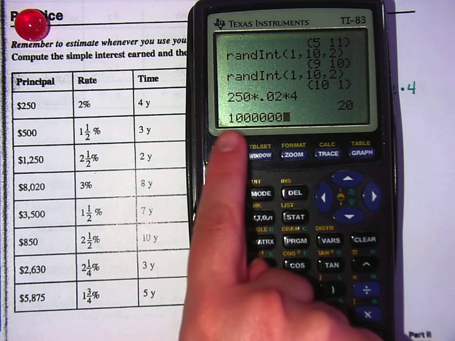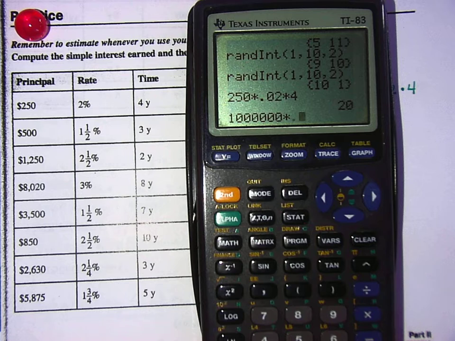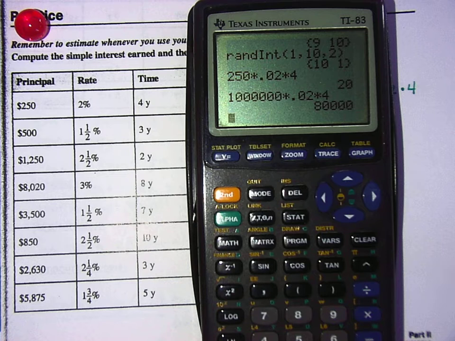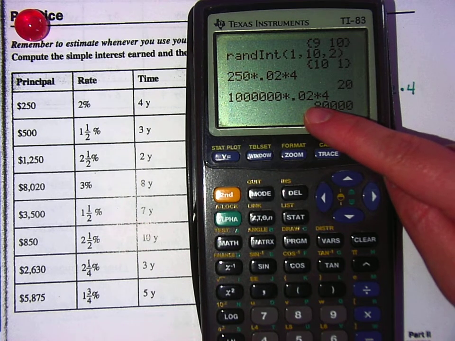All right, so here we've got $1 million. I'm going to multiply that by 2% for 4 years. $1 million at 2% interest for 4 years, and I made $80,000 in 4 years. But that is if it's a savings account. If I had $1 million, I'd be putting it into a high-interest CD because I'm not going to touch that $1 million for 4 years, right?